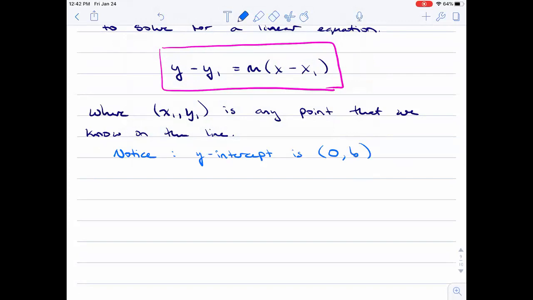If you plug that into the equation and solve for y, you will end up at y equals mx plus b, right? And so that's why the point slope formula is way more useful, because it can get us to the slope intercept form that we're used to. But now we can plug in any point, and as long as we know the slope, we can find the equation of this line.